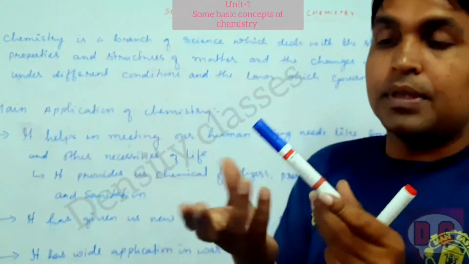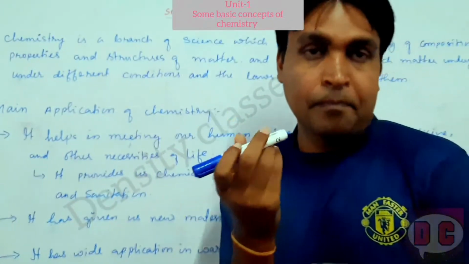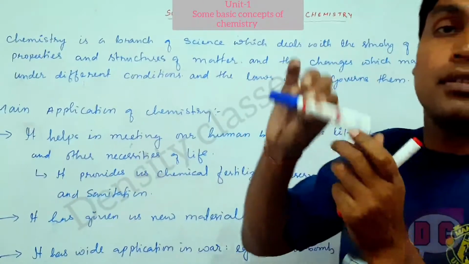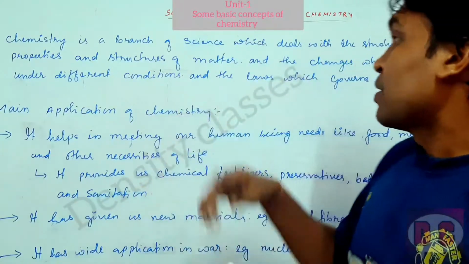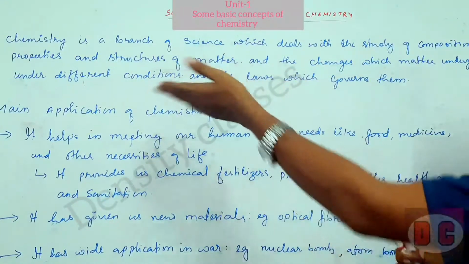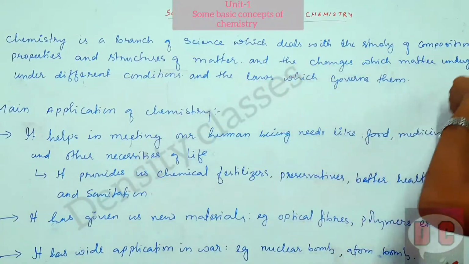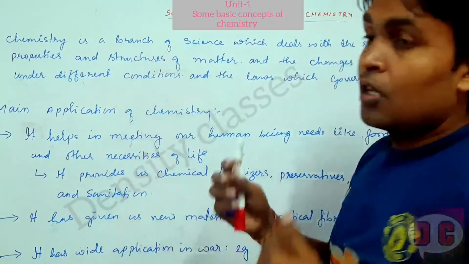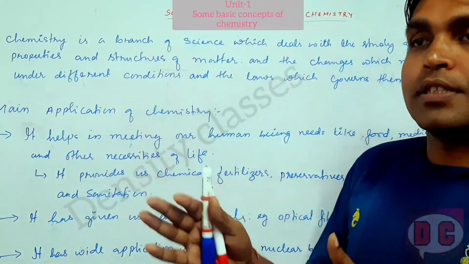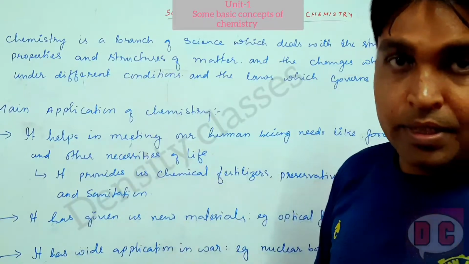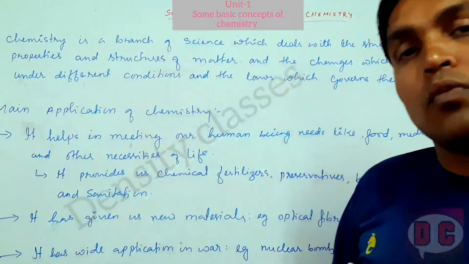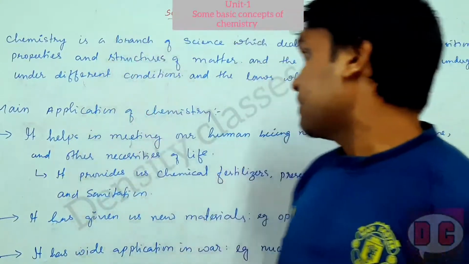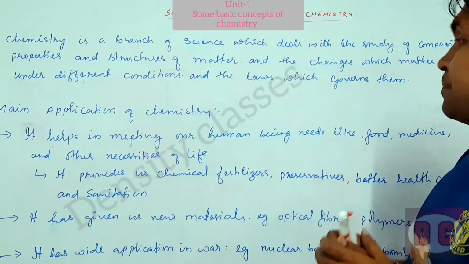It may burn or melt. So it will exist in nature in different forms. That is what chemistry tells us: the changes which matter undergoes under different conditions. Matter has different properties and undergoes different changes under different conditions, and all these changes we study in chemistry.